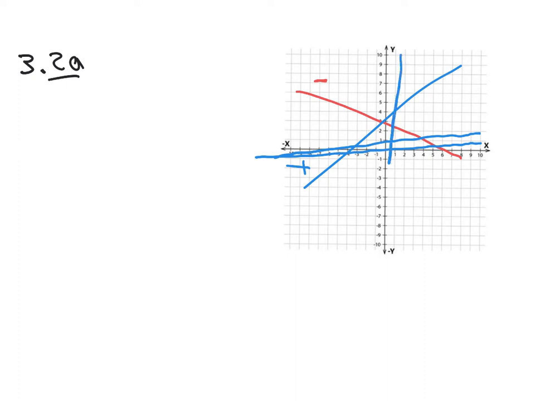Sometimes it gets really, really steep, and that number is really, really big, like 486,000. So the steeper the slope, the bigger the number. The less steep the slope, the smaller the number.